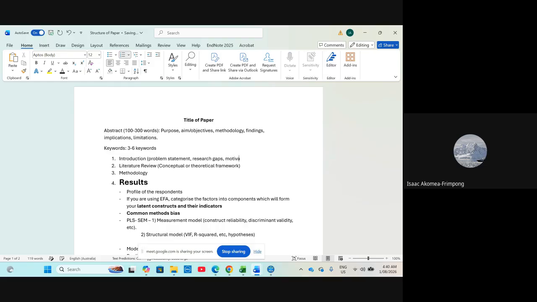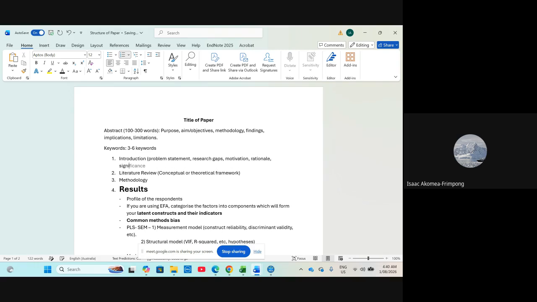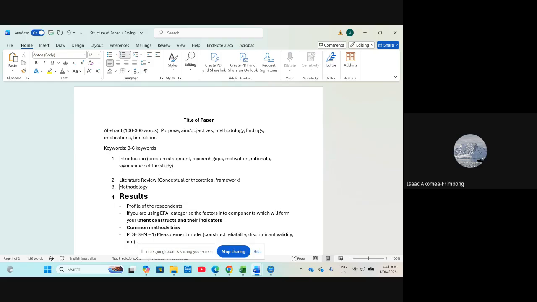The motivation, the rationale, the significance of the study all come in the introduction. It must have a very good argument as to why this study is important. If somebody decides to read only your introduction, you must be able to convince the person that this paper is important.